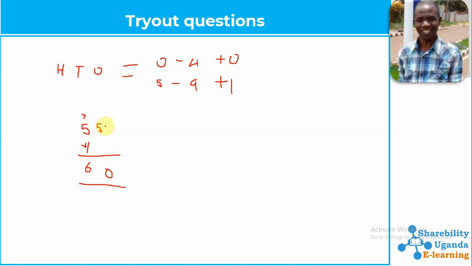So our 55 is approximately 60. Or in mathematics, you can write it, our 55 is approximately 60. So this is how we can round off numbers and we get them correct.